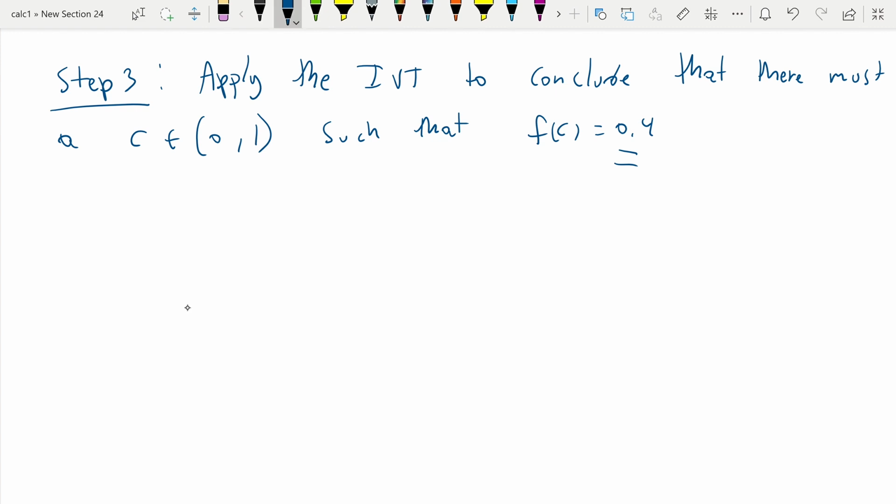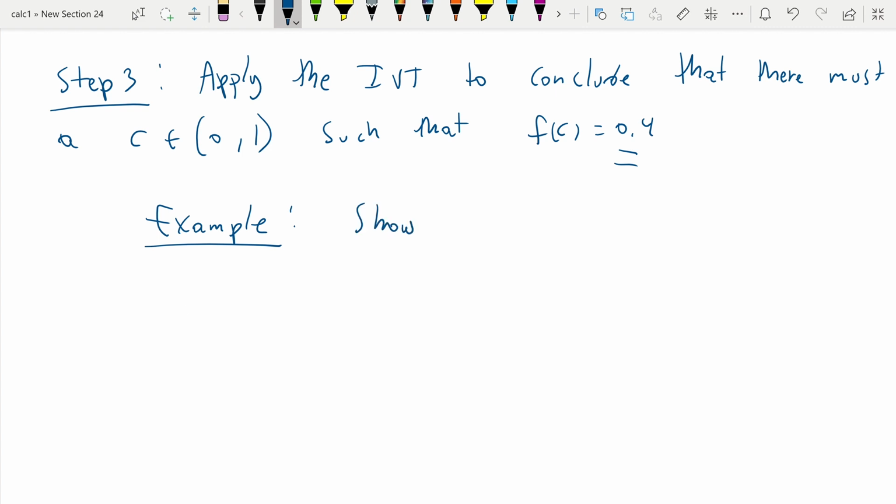So one example is this. Whenever they're asking you to show that a certain equation has a solution, probably what they're asking you is to use the intermediate value theorem.